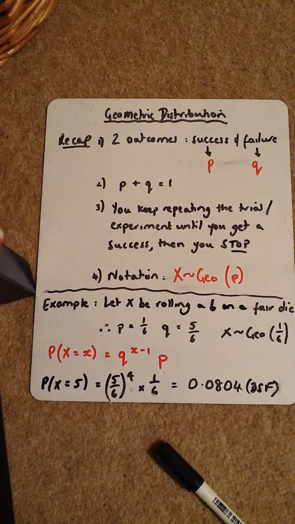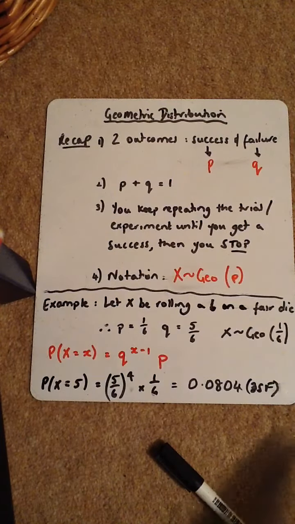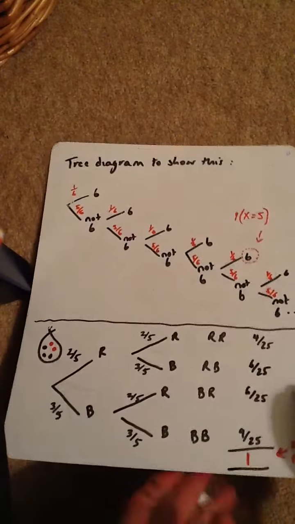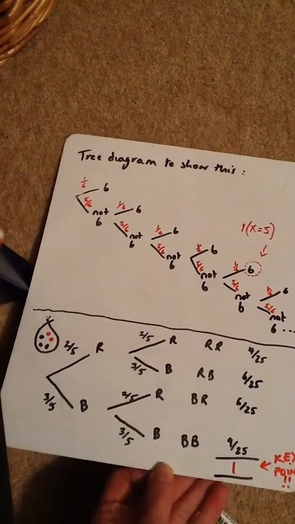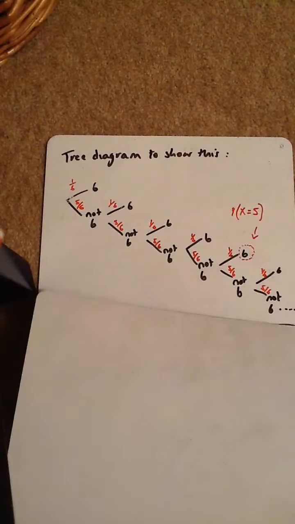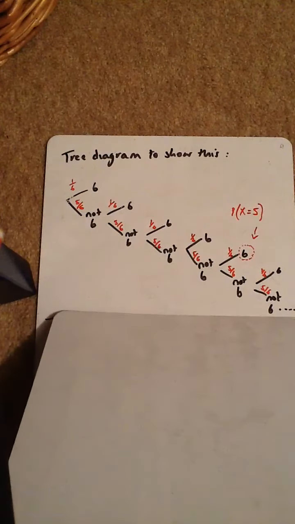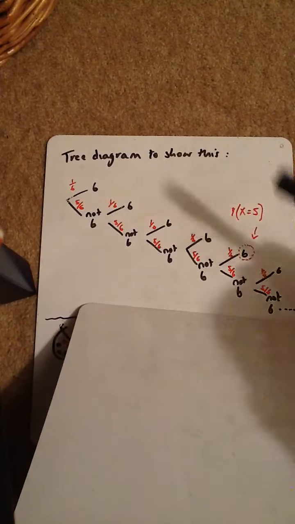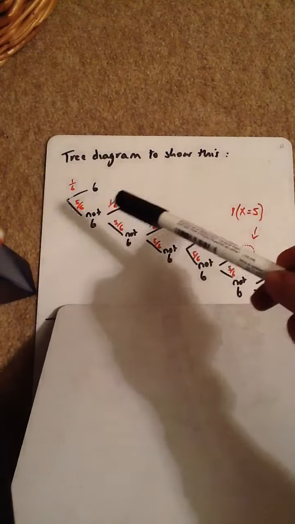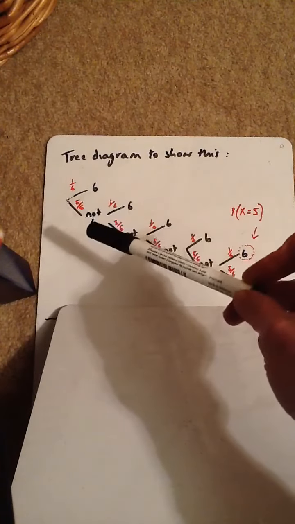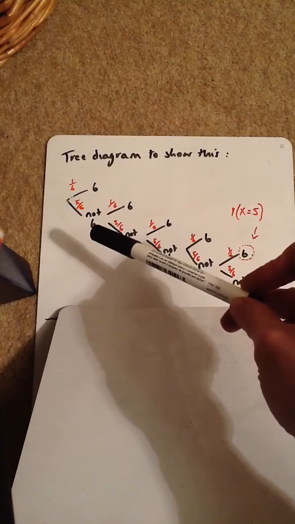With the idea of the geometric distribution, I could have done this on a probability tree diagram. So let's just have a quick look at this probability tree diagram here. Because I've either got success or failure, the branches of my probability tree diagram are rolling a 6 or not a 6.